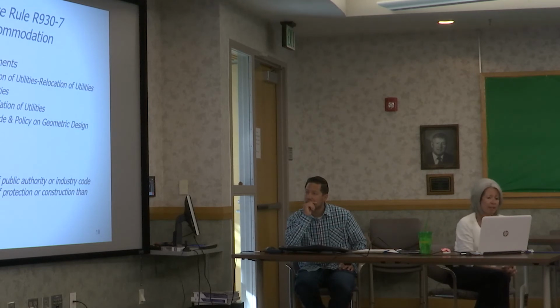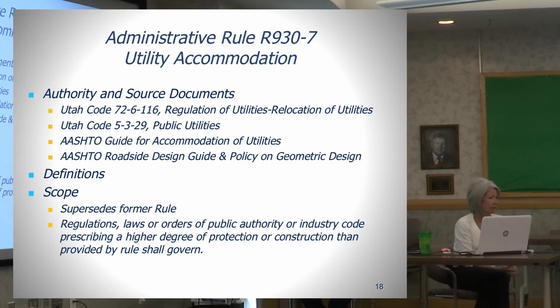The rule provides the source documents that give UDOT the authority to administer the rights-of-way, and also references the AASHTO Accommodation of Utilities Guide, as well as the Roadside Design Guide and the Policy on Geometrics. There's a lengthy section on definitions in the new rule.